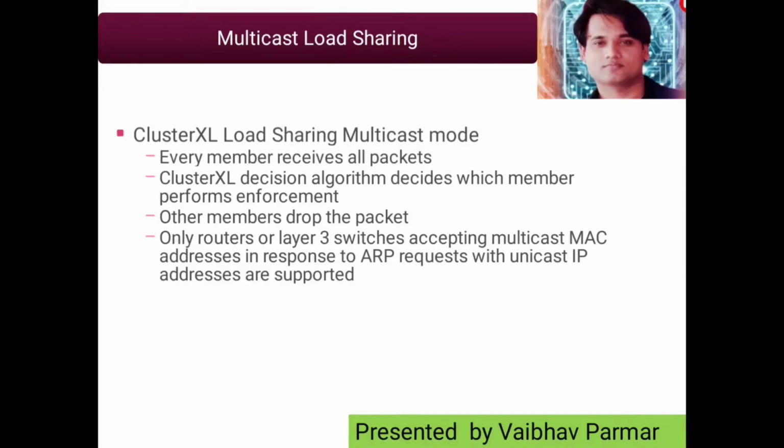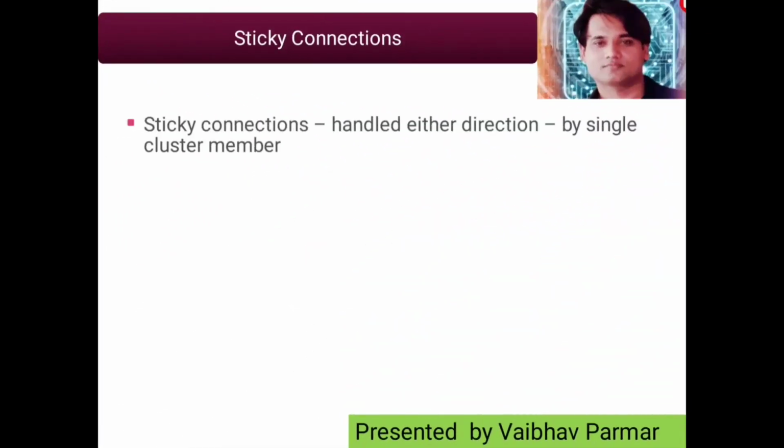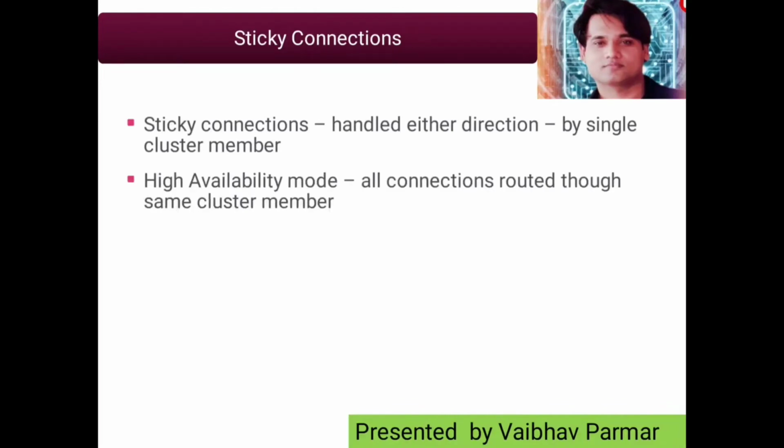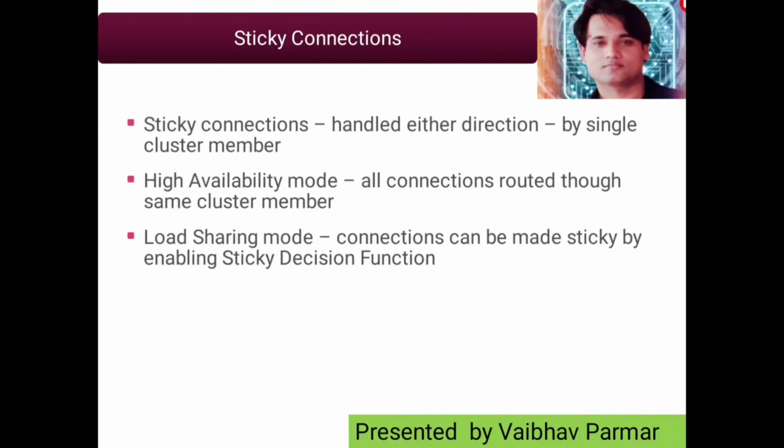So this is all about the methods or modes used in ClusterXL in load sharing. Now let's see how the packets travel, and how they are sticky. There is something called a sticky connection. A connection is considered sticky when all of its packets are handled in either direction by a single cluster member.